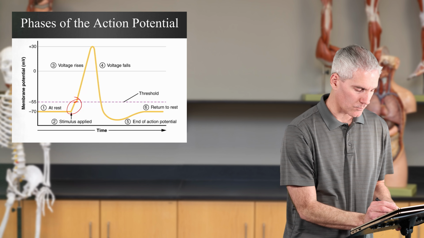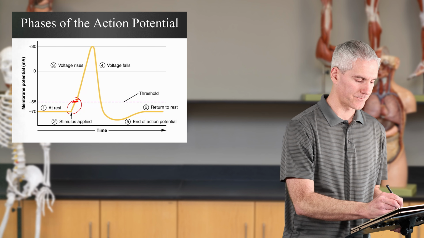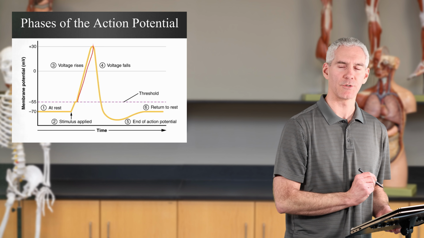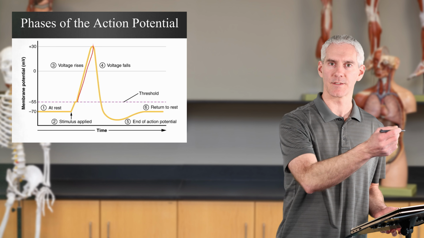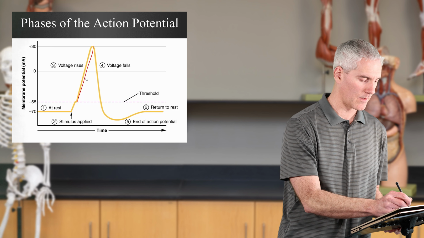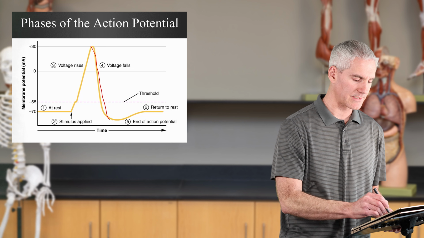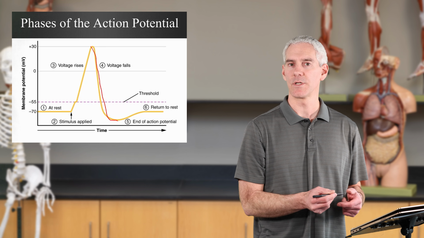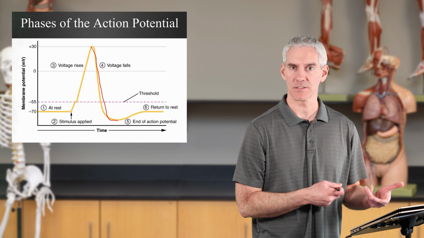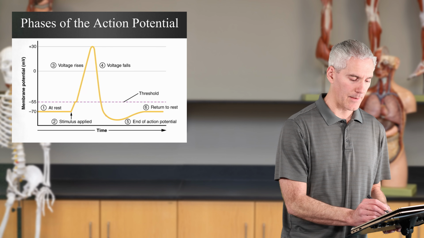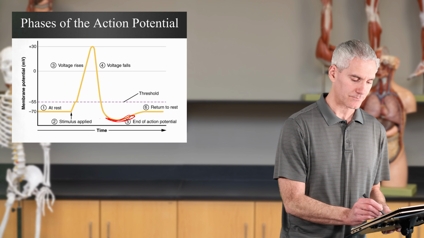Once you reach threshold right here at negative 55, this is when the voltage regulated sodium channels open up, causing a very quick depolarization. Then you fall back down. This is repolarization, which is the voltage regulated potassium channels being open. And then hyperpolarization is the bottom here.